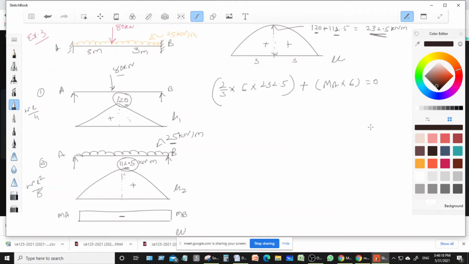So in short, you can find the value of MA.